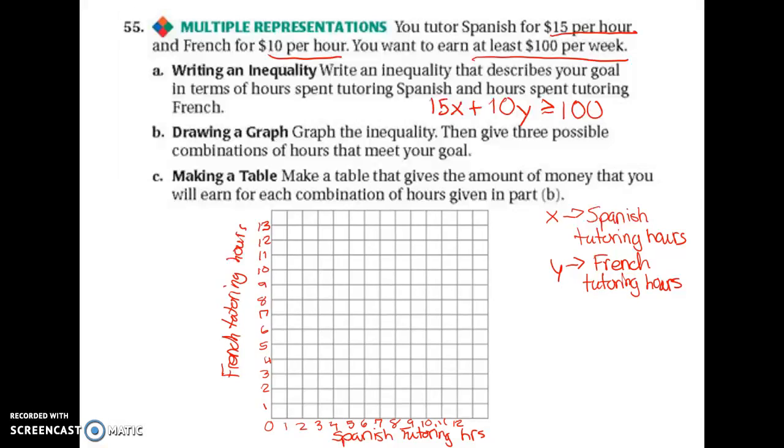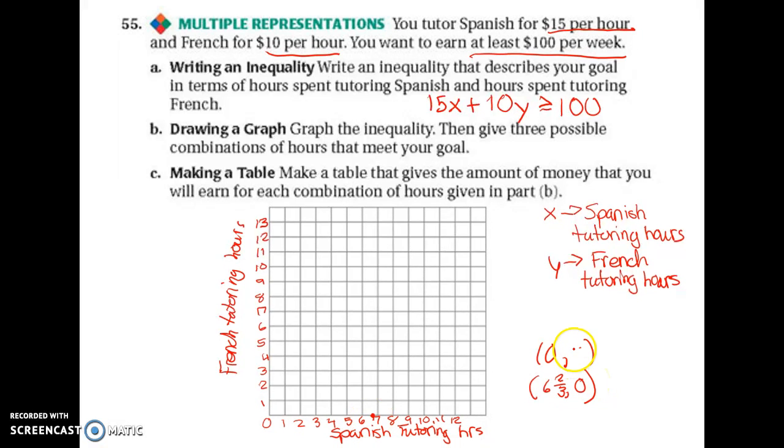So my one coordinate point that I will need to graph is 6 2/3 and then 0, where I would do 6 2/3 hours for Spanish because that's my x variable, and then 0 hours of French. The next thing I'm going to do is put 0 in for x, and that one's going to be really easy because that's going to be 10 times 10 to give us 100. So that means that I would have 0 hours of Spanish and 10 hours of French. So that is right here.